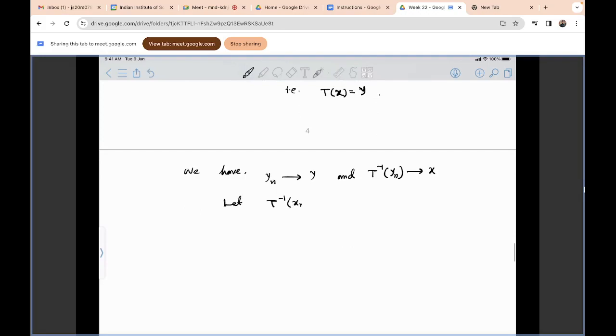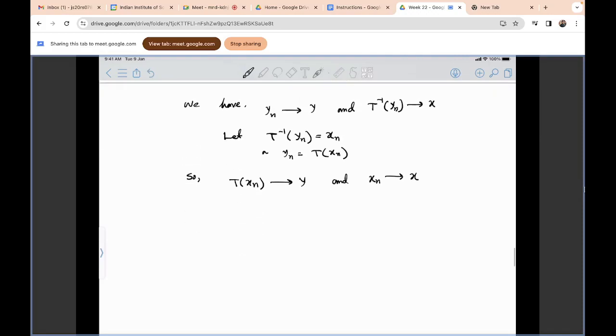So let T inverse yn equal xn, which means yn equals T of xn. So T of xn converges to y and xn converges to x.